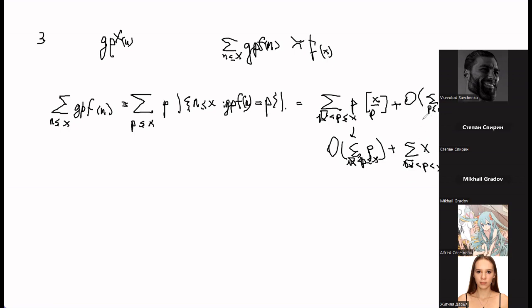And as you see, we should know something about such a sum: the sum over primes p less or equal than y.